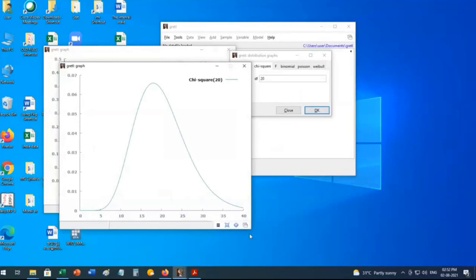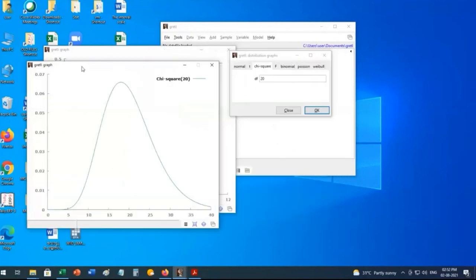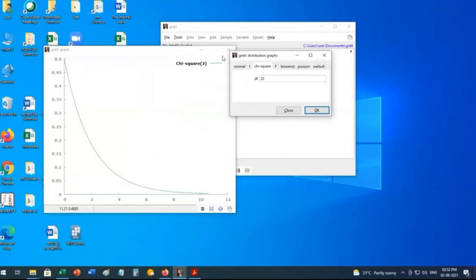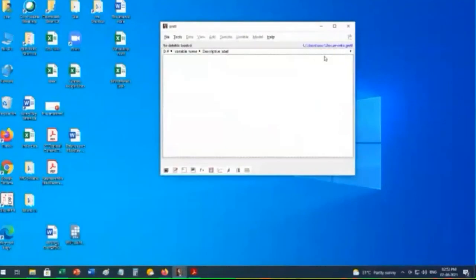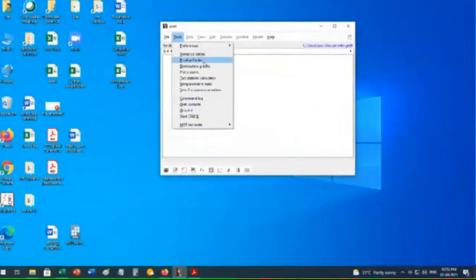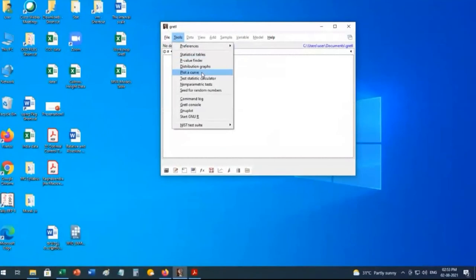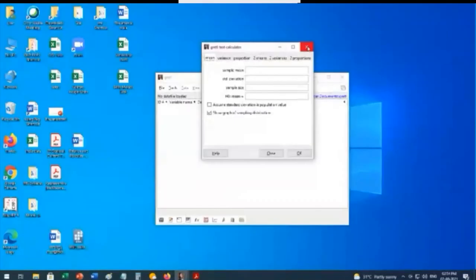As the degrees of freedom increases, we will get a normal distribution. So similarly, for other distributions also, we can have the graph. If we have a particular equation, then we can plot that particular curve corresponding to that equation.